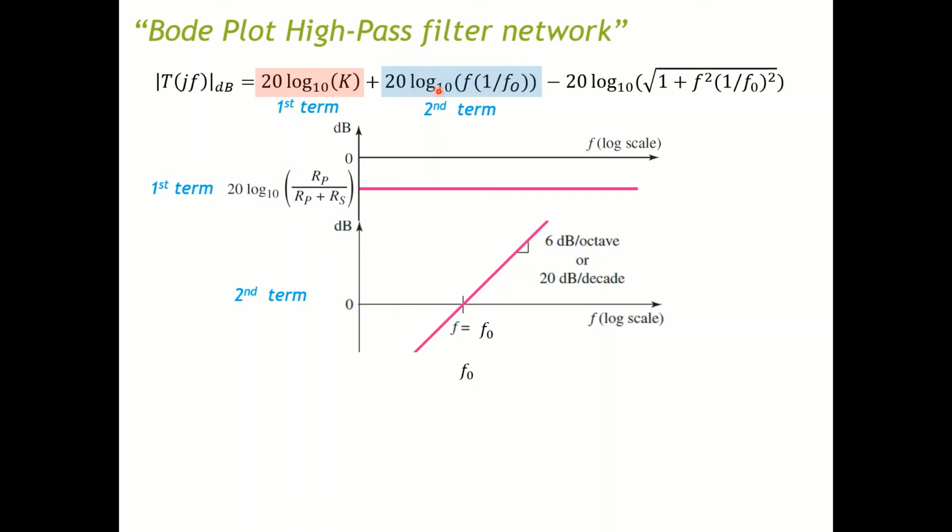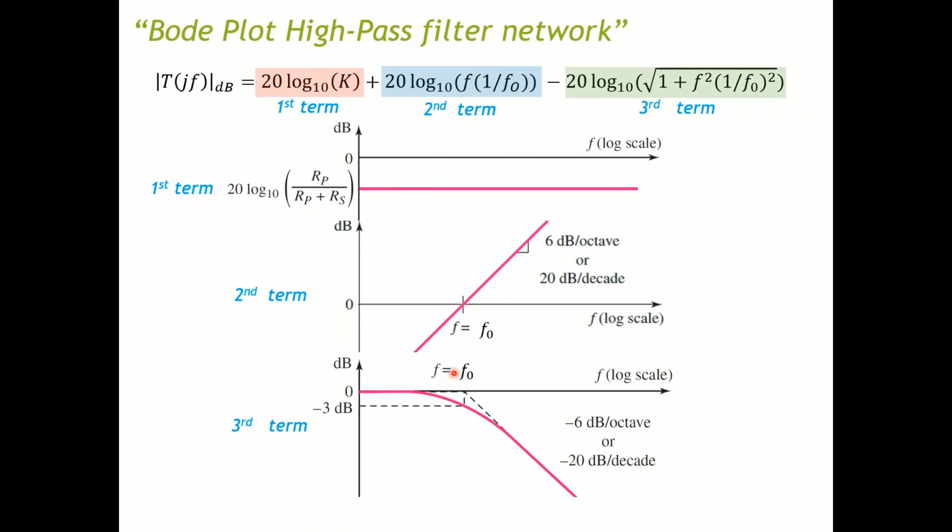So this whole thing becomes log of 1. As I said, log of 1 equals 0. So this is when your linear line crosses the x-axis, it becomes 0. So at the corner frequency, the second term becomes 0.